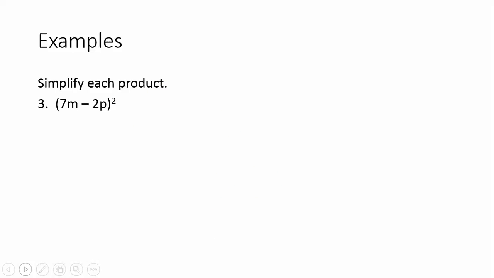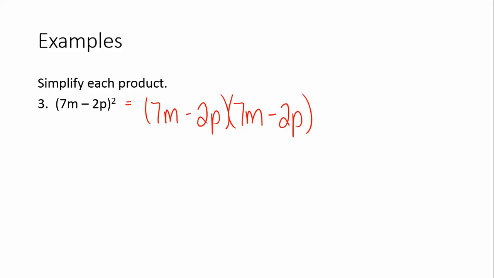Let's try one that's a little more complicated, but still is going to follow that same pattern. Remember, when it's a quantity squared, we have two of them being multiplied together. So 7m minus 2p times 7m minus 2p. So we're going to do our first. 7m times 7m is 49m squared. Our outside terms, be kind of careful here. It's 7m times 2p. Those variables are not the same, but we do need to multiply the coefficients.